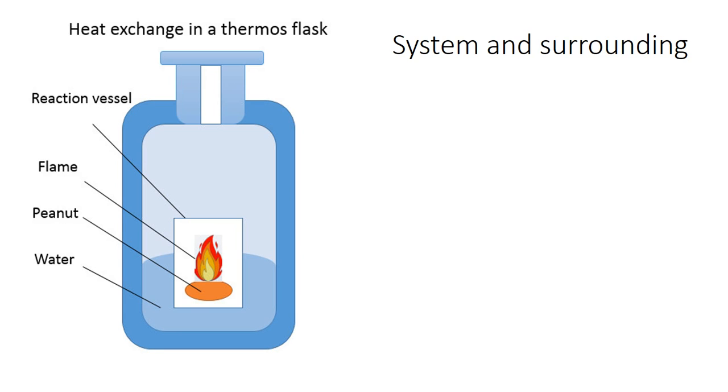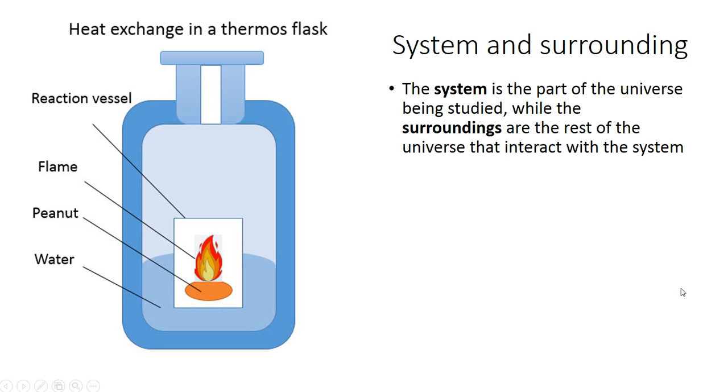So let's go back to looking at the heat exchange in a thermos flask and make some definitions: a system and surroundings. So the system is the part of the universe that we are studying, while the surroundings are the rest of the universe that interact with the system.